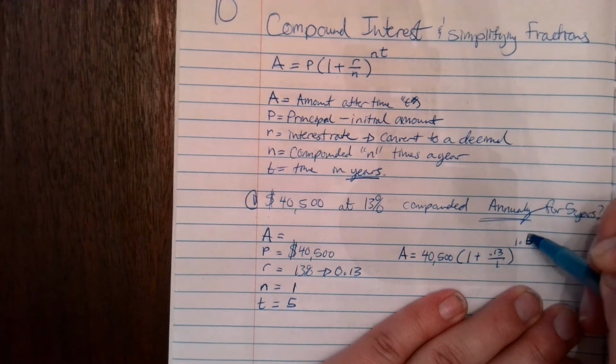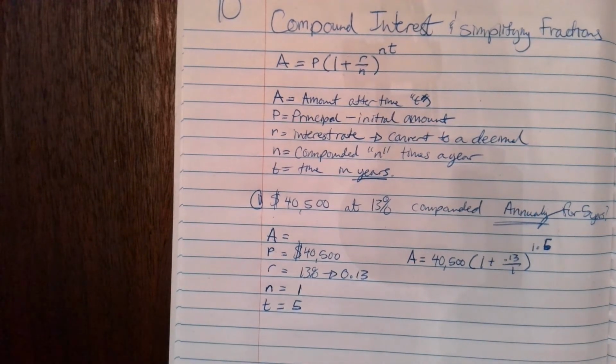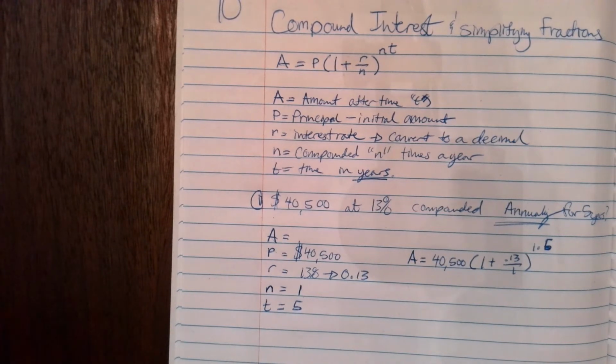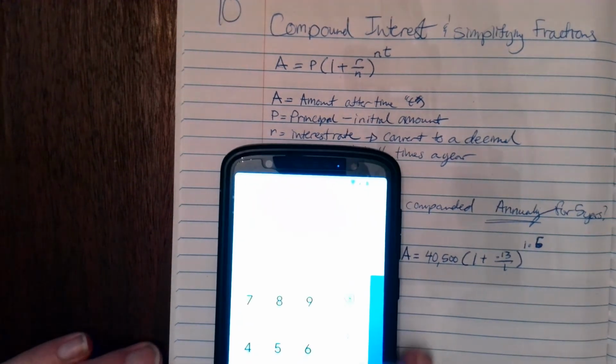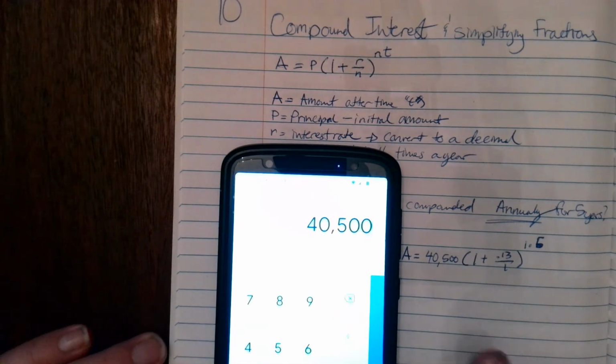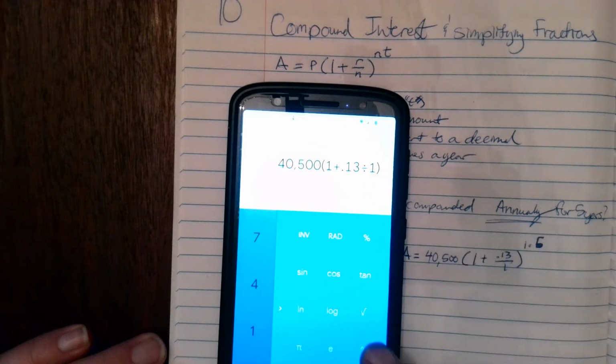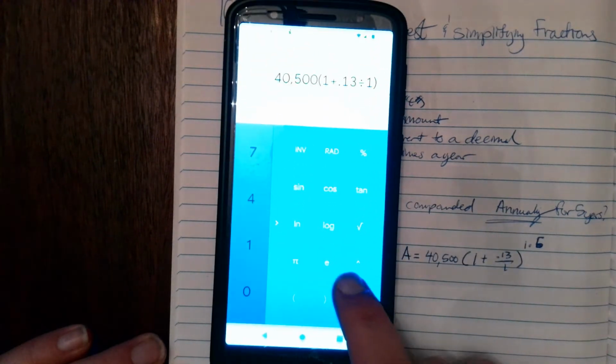Sorry, that's supposed to be a 5. I started to write a T. And then I just put it in a calculator. To get the power, you use this little caret button, little up arrow.